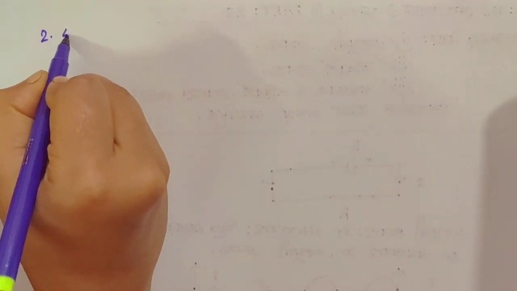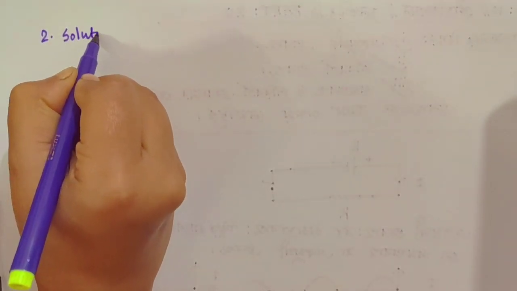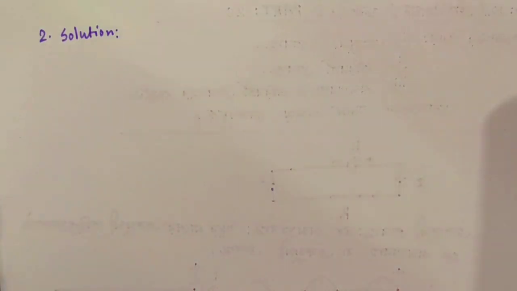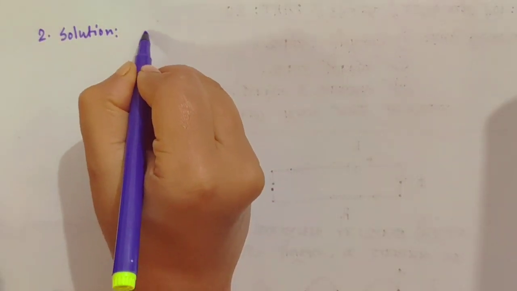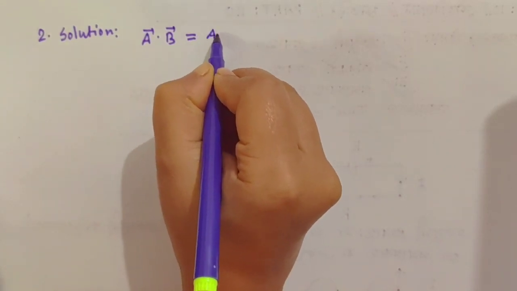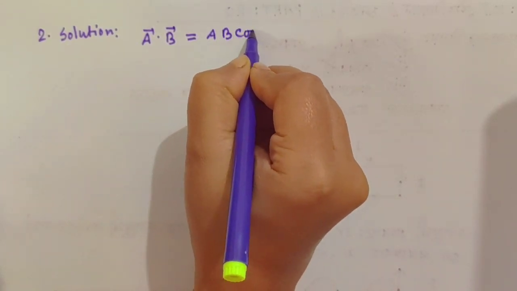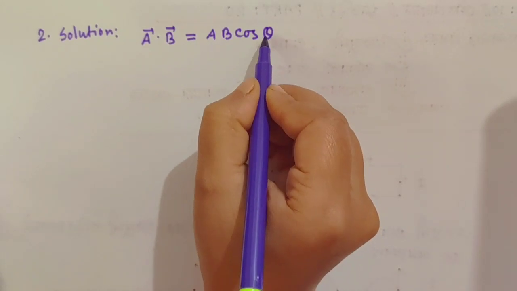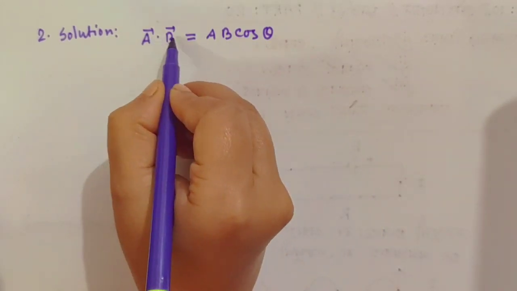So number 2, solution. Okay, so what we know? We know scalar product of two perpendicular vectors is 0. We know scalar product A dot B is equal to AB cos theta. What is theta? Theta is the angle between these two vectors.